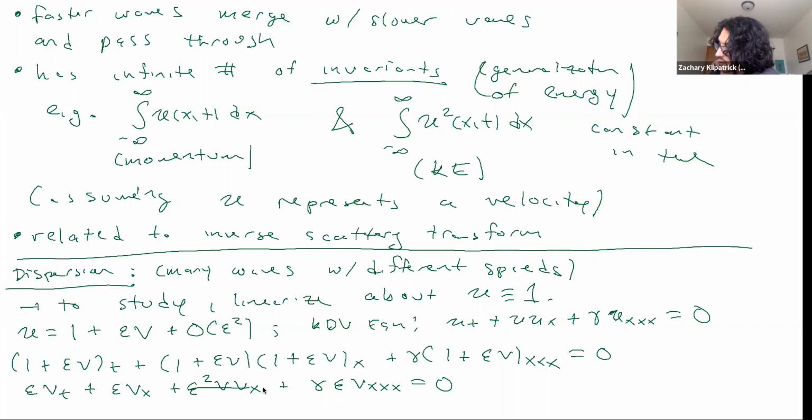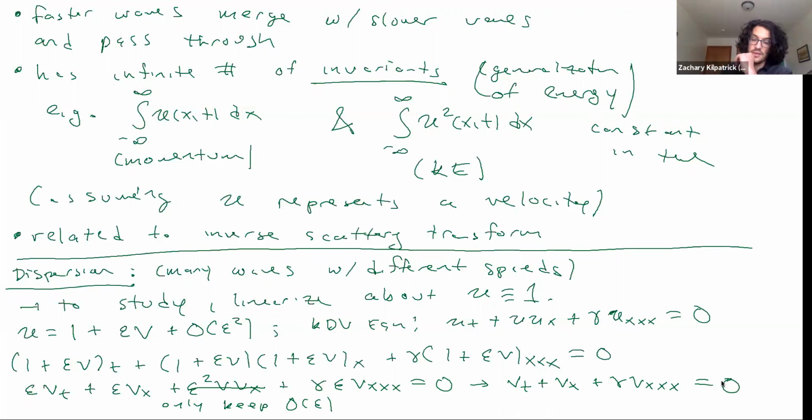Okay? So because I only want the order epsilon terms, then I end up with, when dividing through by epsilon, v sub t plus v sub x plus gamma v_xxx equals 0. Okay.